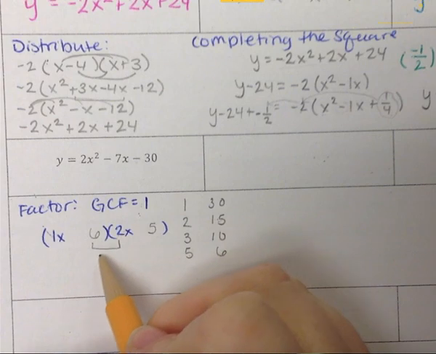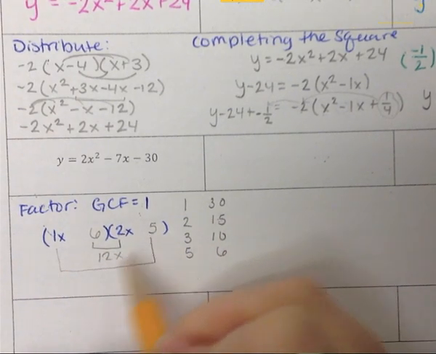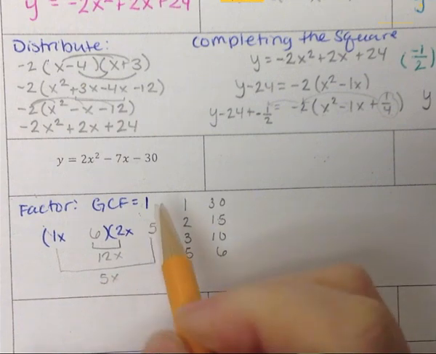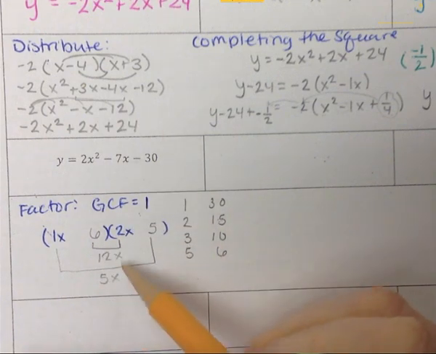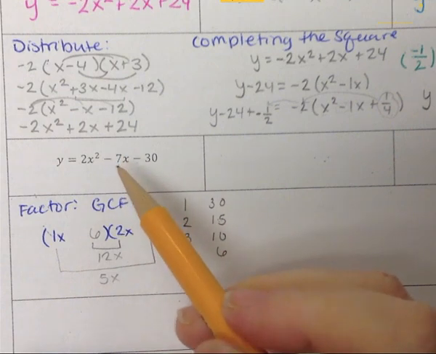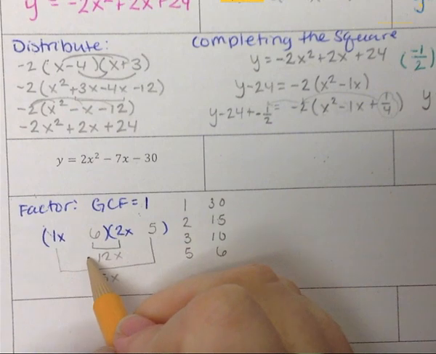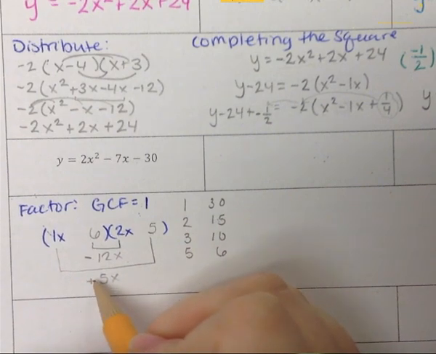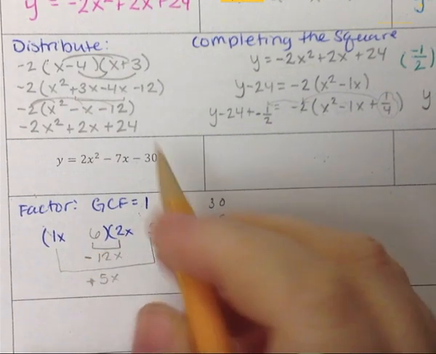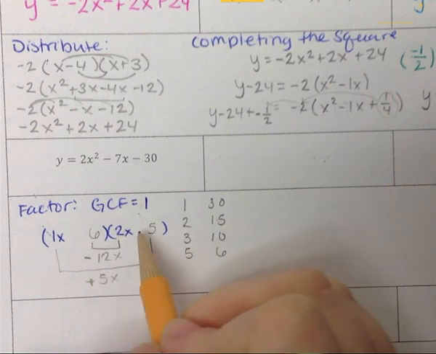So 6 times 2x is 12x, and then 1x times 5 is 5x. Now we want to see if these can combine in any way to give us that negative 7. So if we do 5 minus 12, that will give us our negative 7. So if we have a positive 5 and a negative 12, we need to make one of these negative and one of these positive.